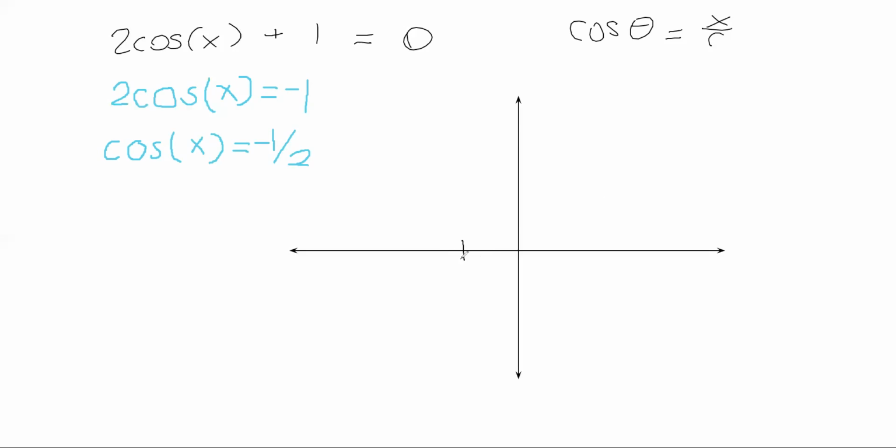So if x is negative 1/2, what is y going to be? Root 3. Yep. Oh, not just root 3, but root 3 over 2. In the unit circle, the x and the y are both going to have denominators of 2.